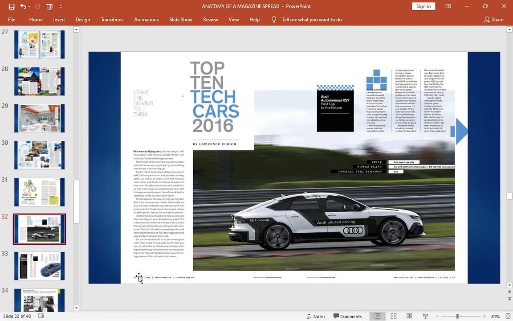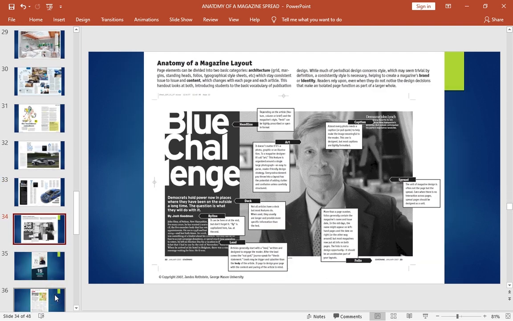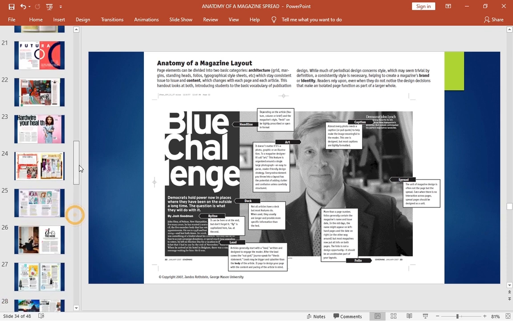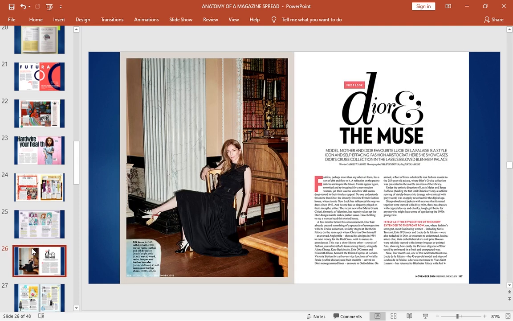Okay, so that's what we call the kicker. And let's also take note of the things that I was talking about, which is the intro. The intro also acts as a barrier, or a bridge, between the headline and the body copy.